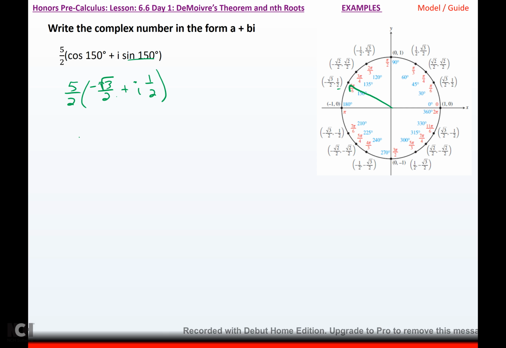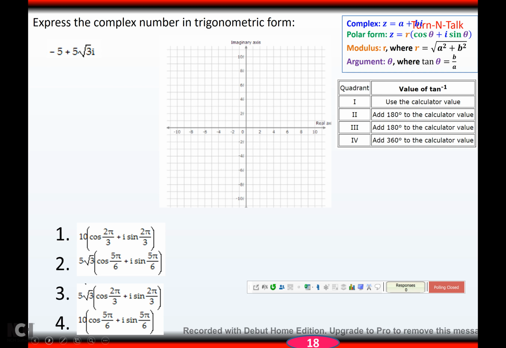So this is going to be negative 5 square roots of 3 over 4 plus 5 over 4 i, and I'm done. Okay. Alright, you try this one, hit pause, come back when you're ready.